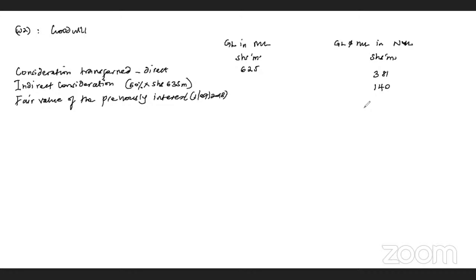goodwill, you have to also show the fair value of NCI at acquisition. So NCI at acquisition, you need to look at the method which you're using.